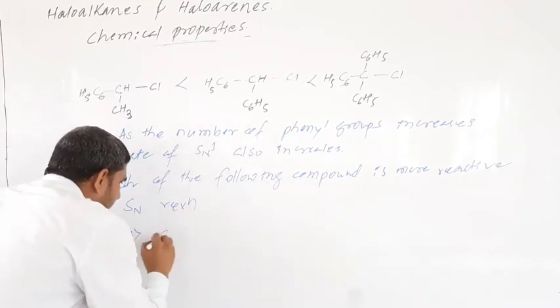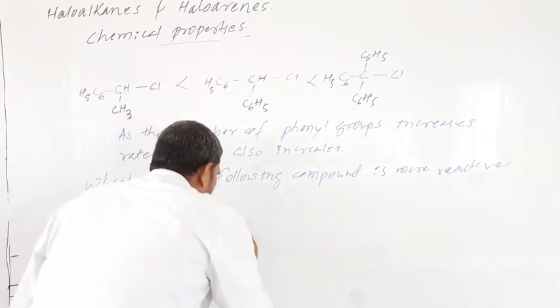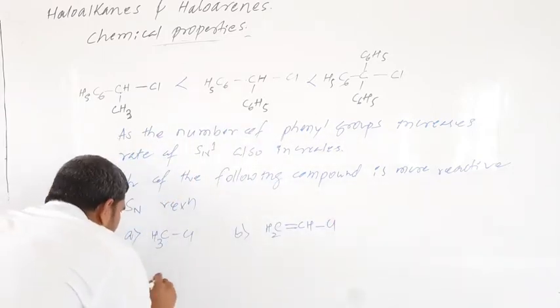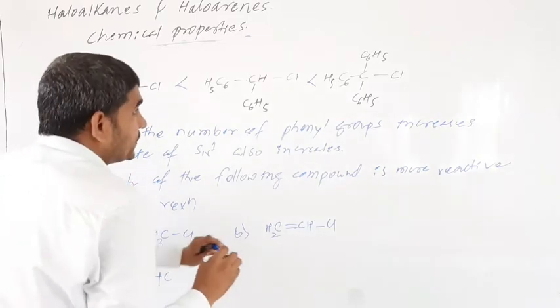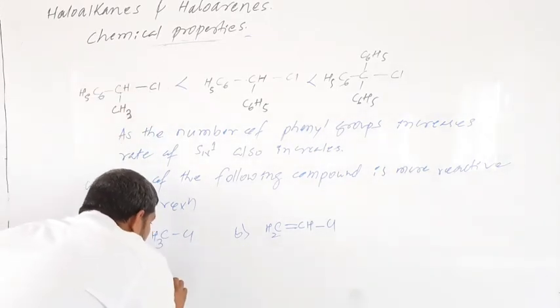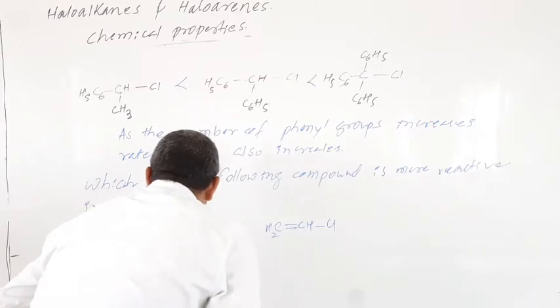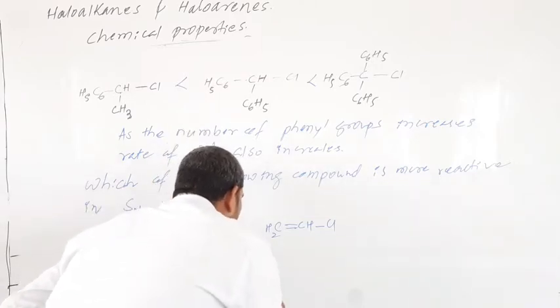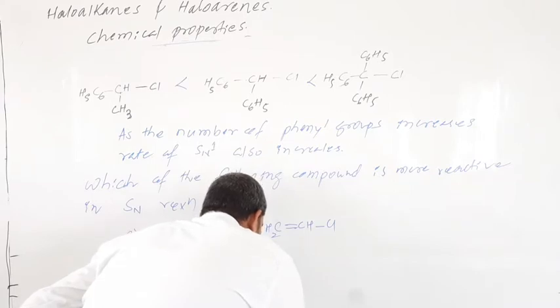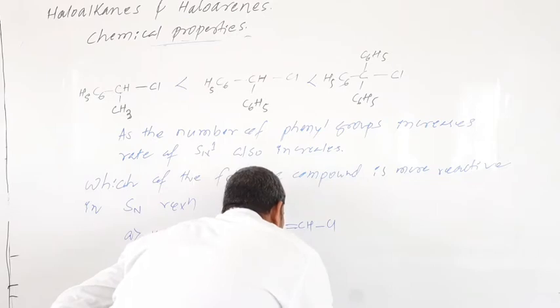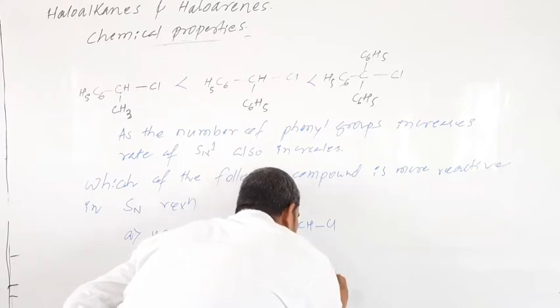Listen, option A CH3Cl, option B CH2=CHCl, option C CH3CH2Cl, option D CH3CH3Cl.